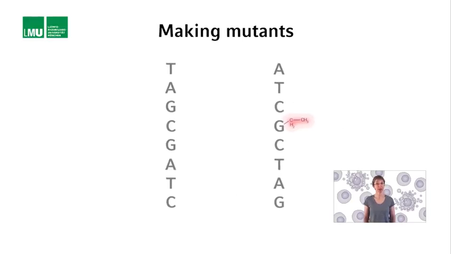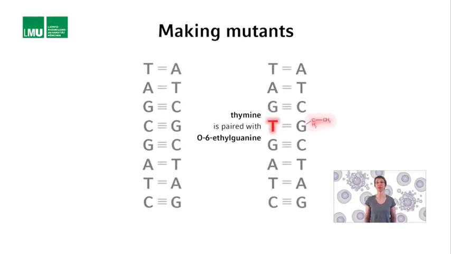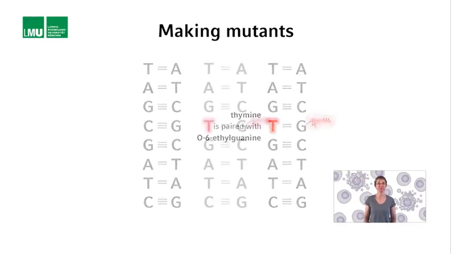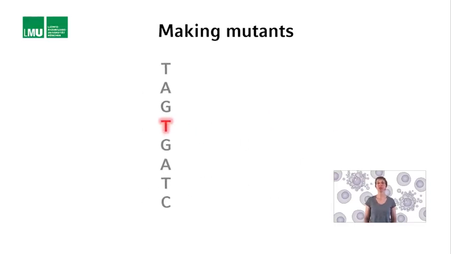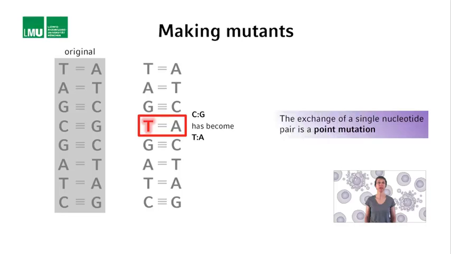During DNA replication, this abnormal nucleotide is often replaced with thymine instead of cytosine, which normally pairs with guanine. After another round of replication, a GC nucleotide pair can therefore become an AT nucleotide pair. The exchange of a single nucleotide pair is referred to as a point mutation.